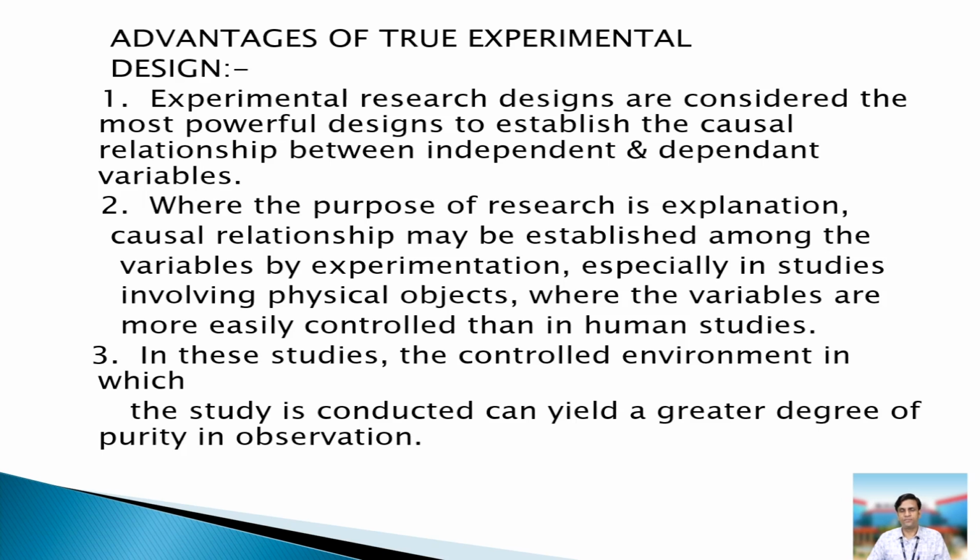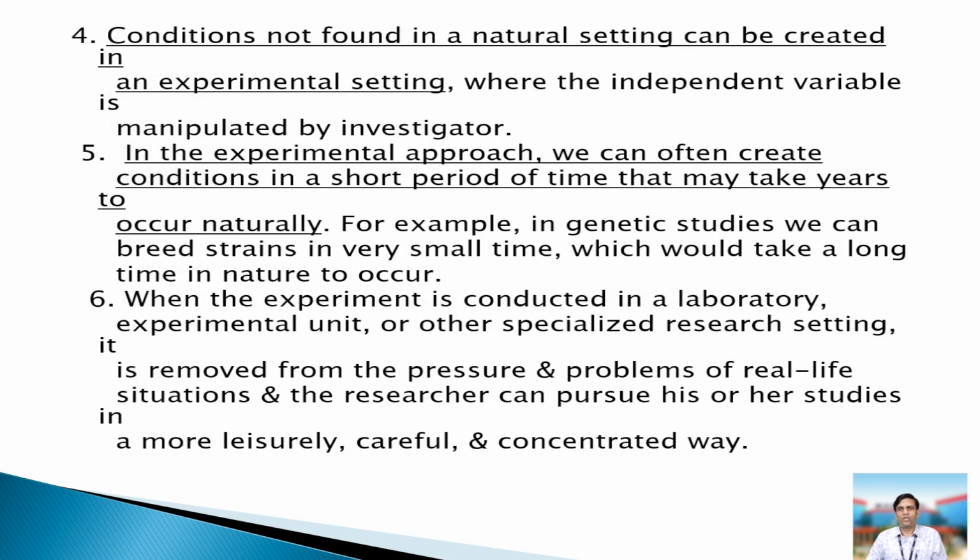In these studies, the controlled environment in which the study is conducted can yield a greater degree of purity in observation. Conditions not found in natural setting can be created in experimental setting where the independent variable is manipulated by the investigator. So these all were the advantages of the true experimental research design.